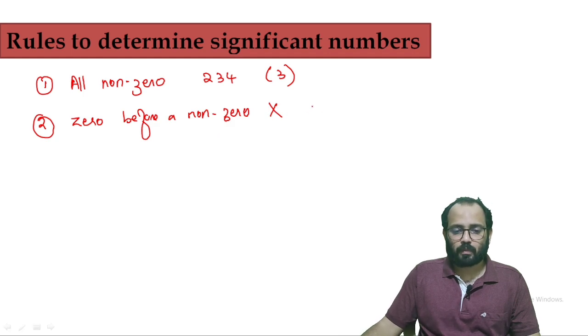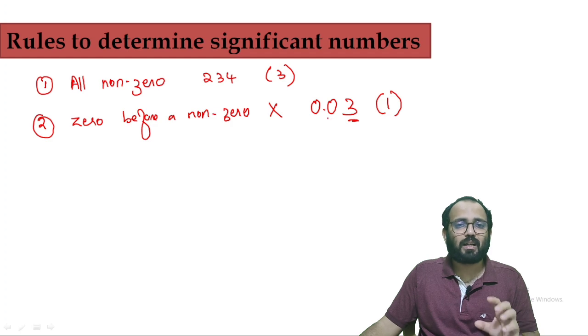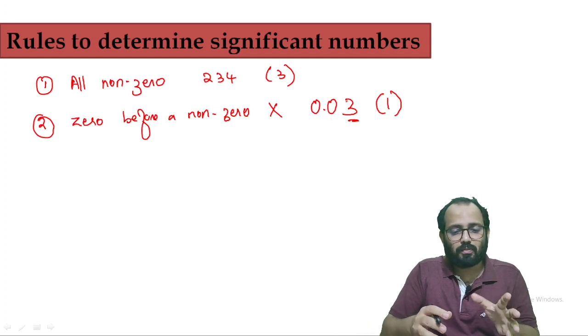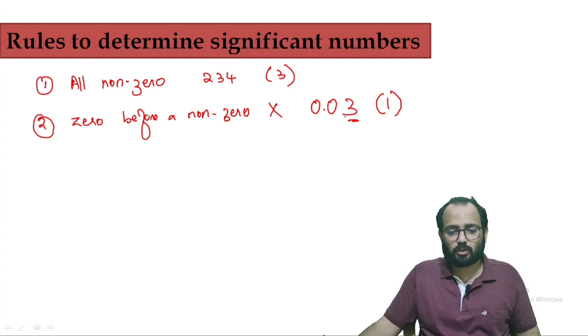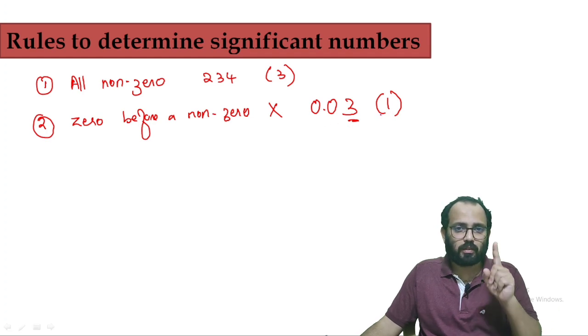Let's say 0.03. How many significant figures? You will say it is 2, but no, it's 1. The zero we are denoting just to identify the decimal point of this non-zero. So only 1.